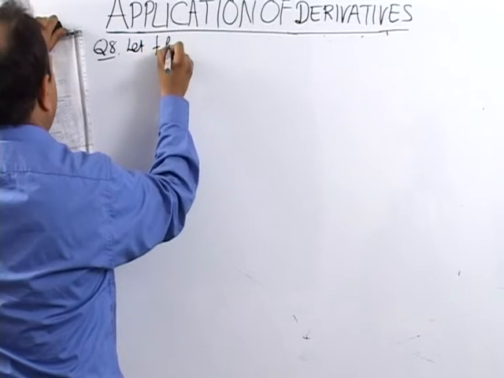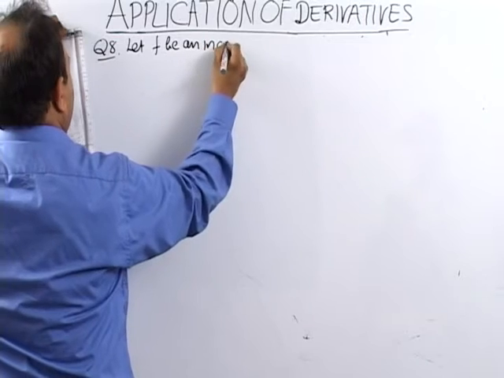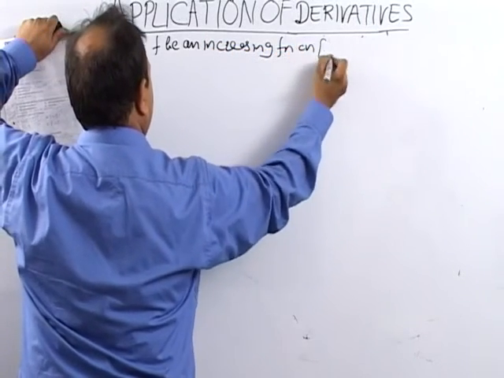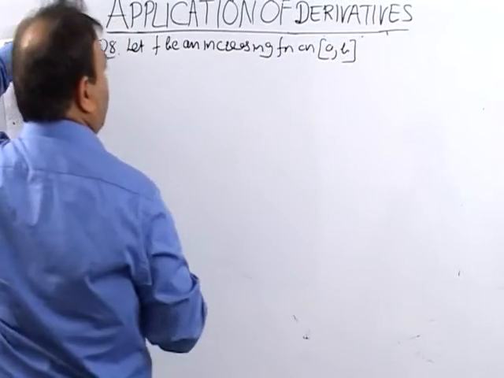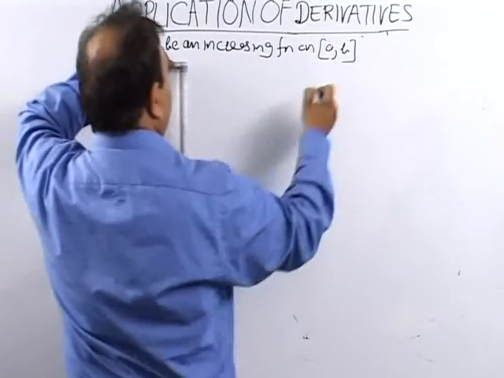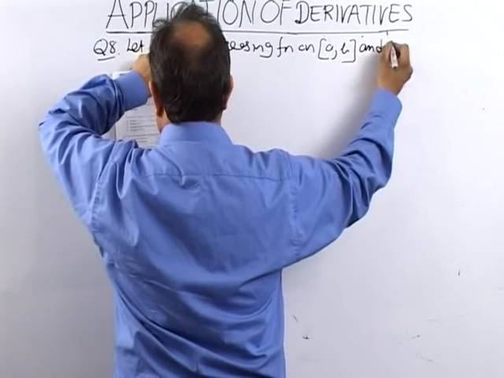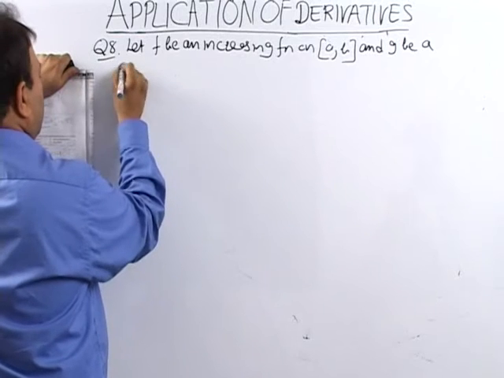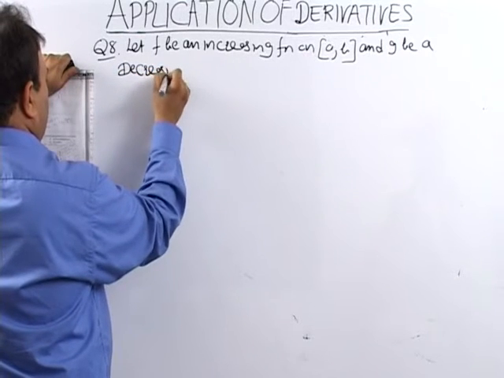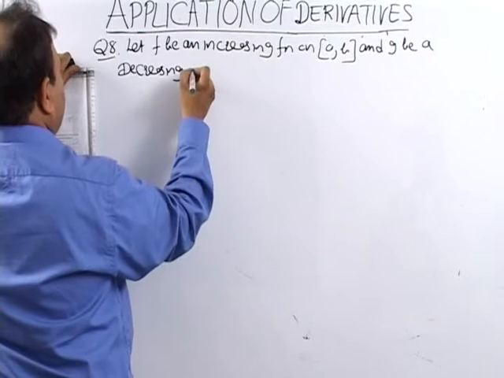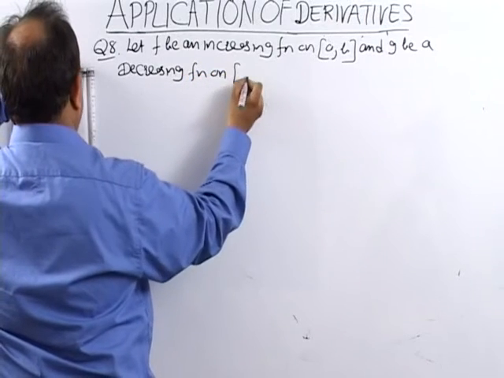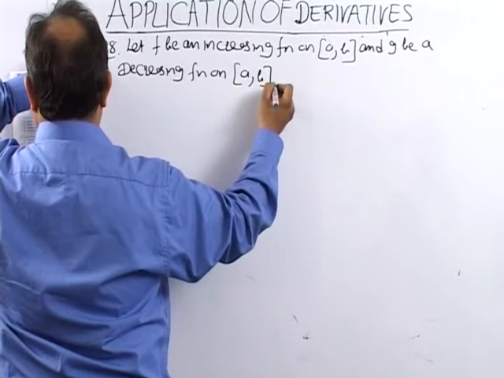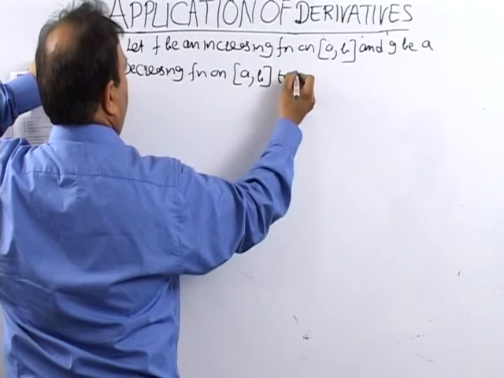Let f be an increasing function on a comma b and g be a decreasing function on A comma B to A comma B.